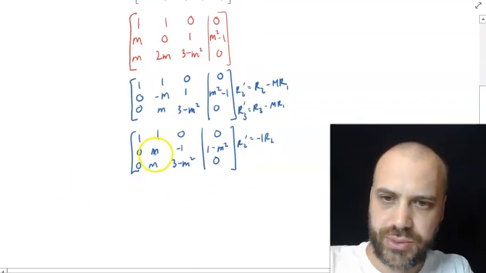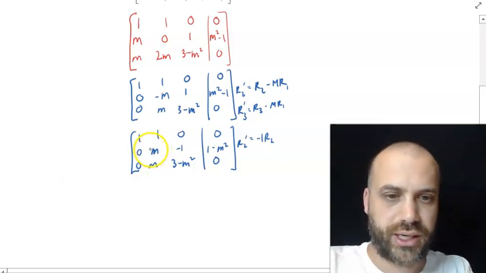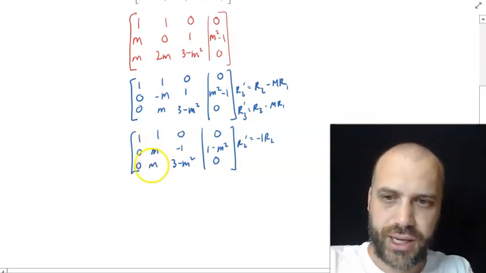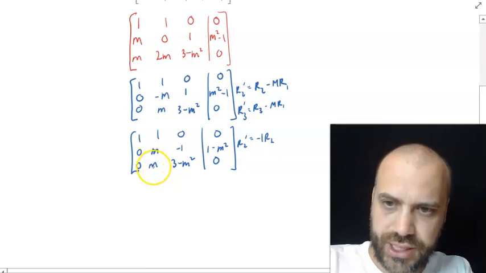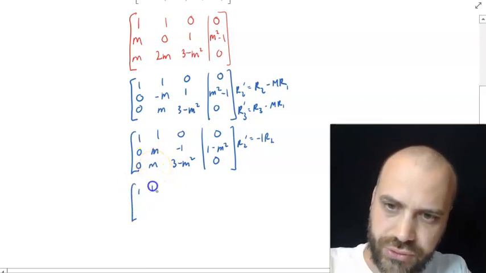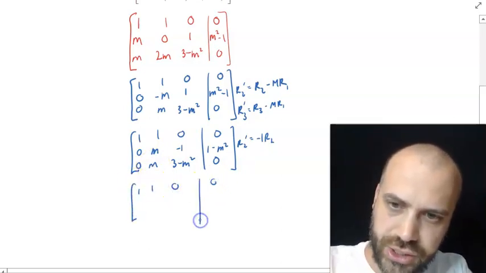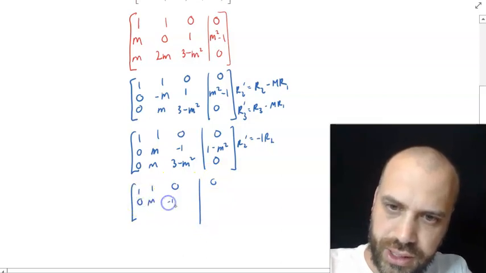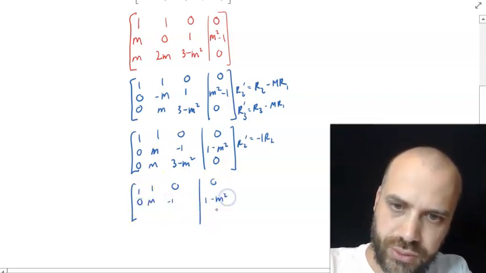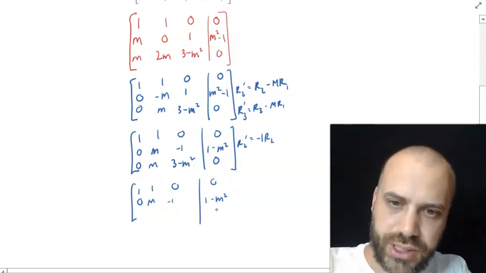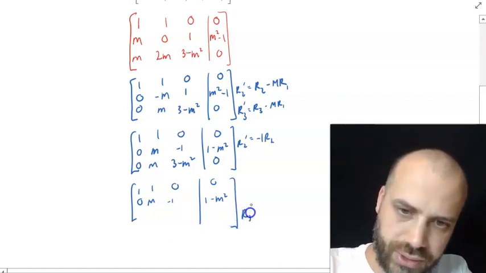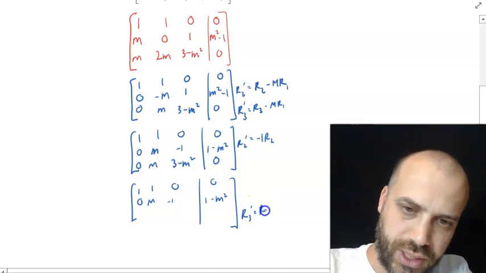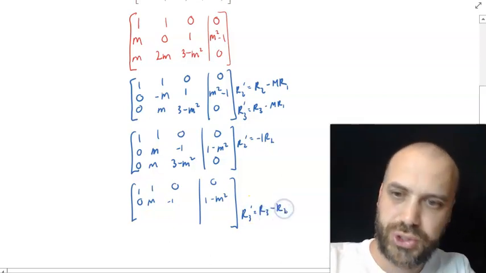Alright, in this last one, I'm going to subtract R2 from R3 to get rid of this M here. So first two rows remain unchanged. 0, M, negative 1, and 1 minus M squared. And then this next one, R3 is going to be equal to R3 minus R2.